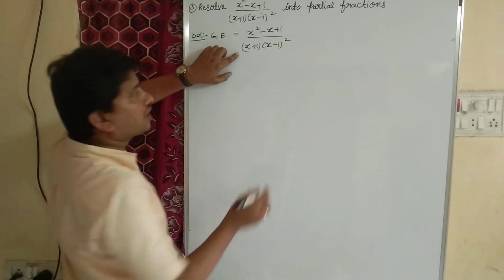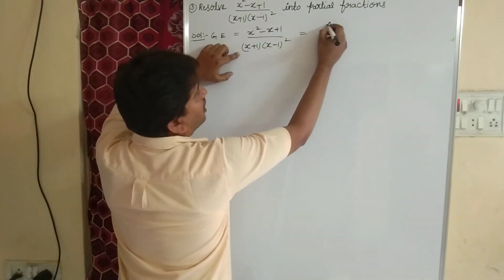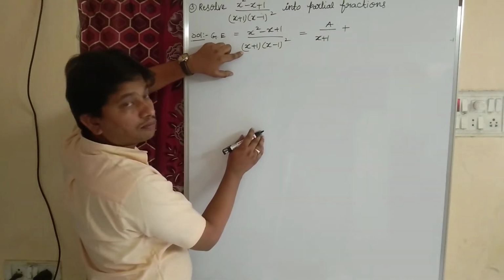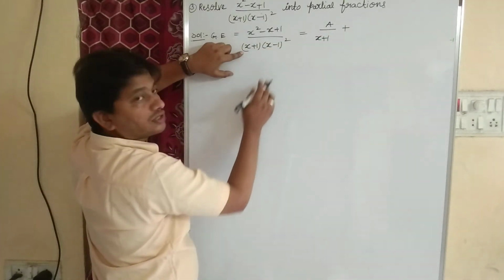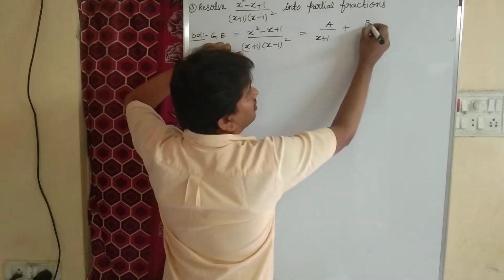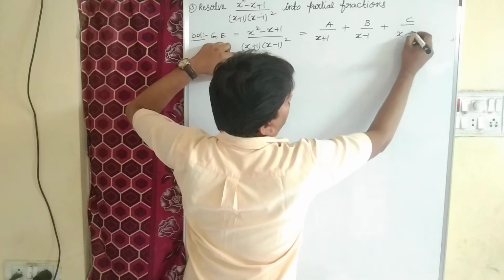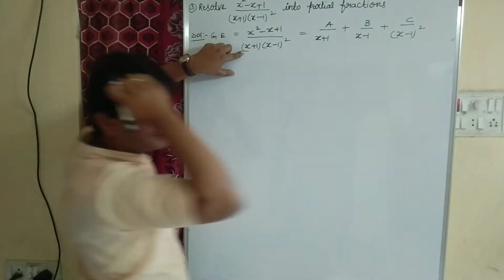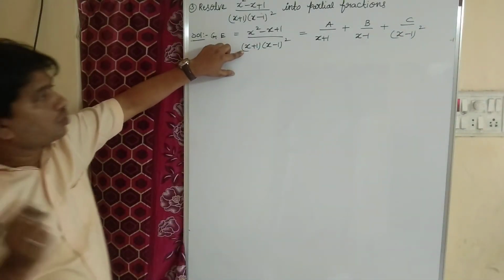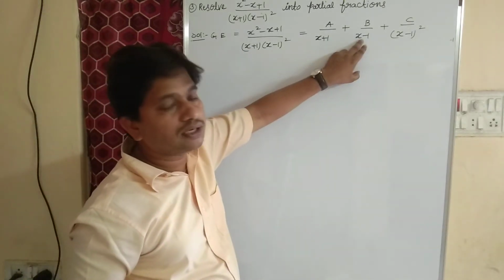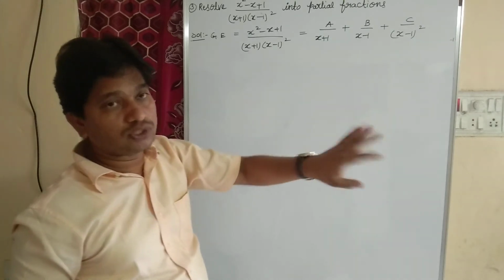Listen carefully, we can write it as a by x plus 1 plus, as we have x minus 1 whole square, b by x minus 1 plus c by x minus 1 whole square. Is it clear, children? A by x plus 1 plus b by x minus 1 plus c by x minus 1 whole square.